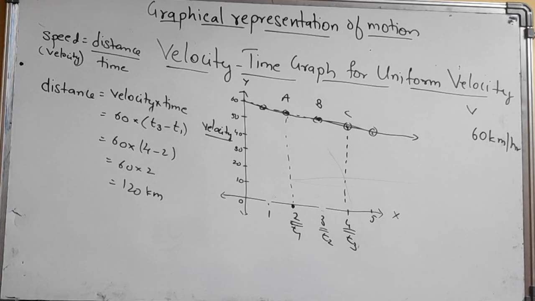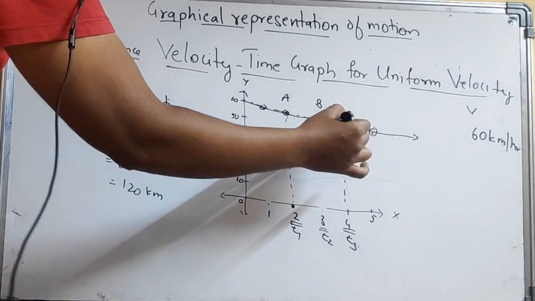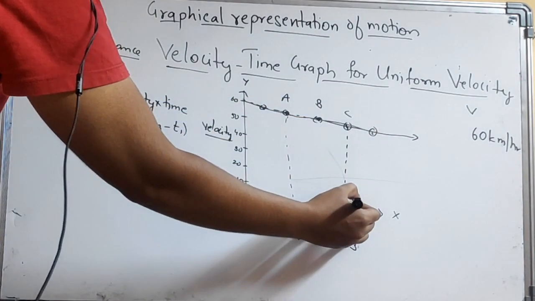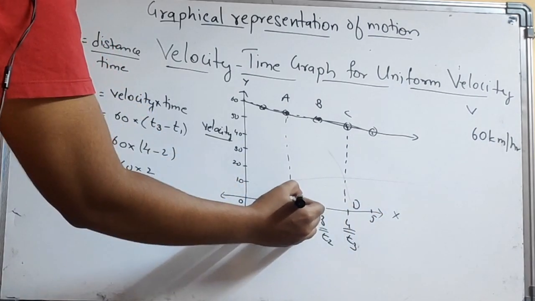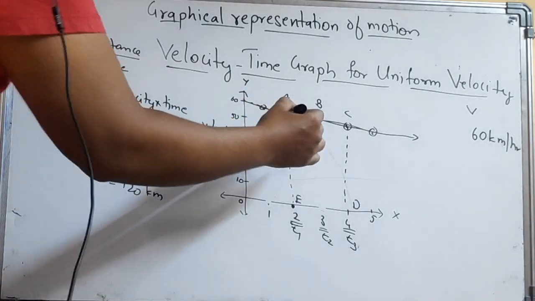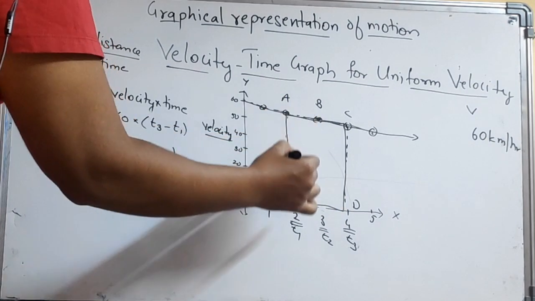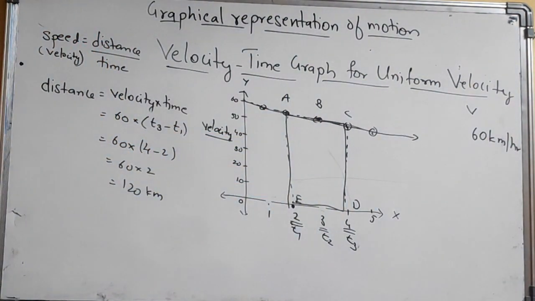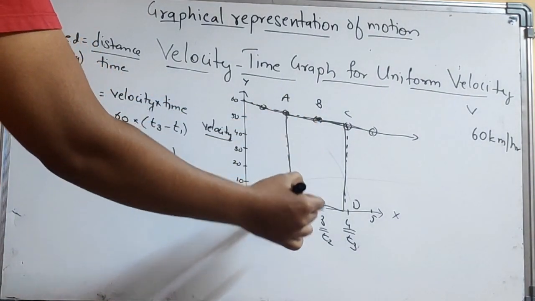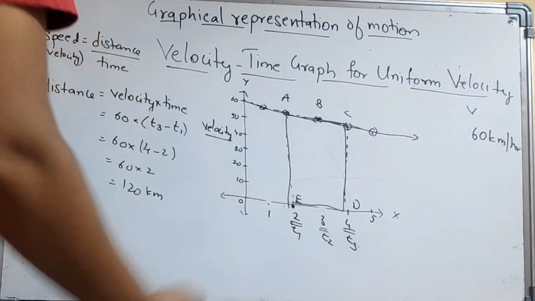Now look at these points. If you look at this point A, C, and I'll say this point D and E, looking at the points A, C, D and E, you can see that this is a rectangle, where AE is the length and DE is the breadth.